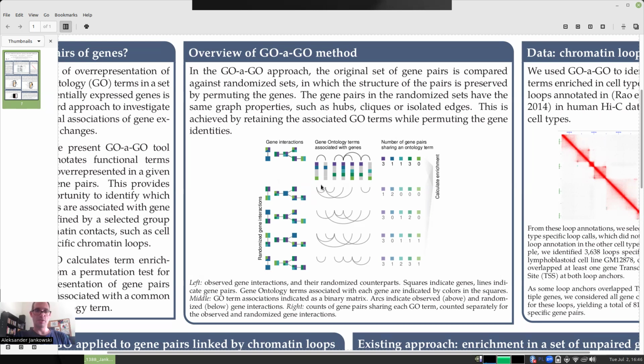These representations could also be shown as collections of arcs, and we could tally up how often we see the same gene ontology term on both ends of an edge or of an arc, and quantify enrichment from these permutations and see how likely we are to observe this given number by random chance, by this sampling and permutation test.